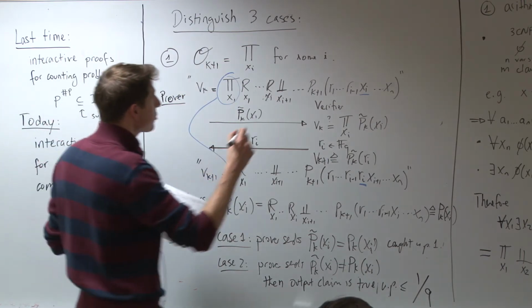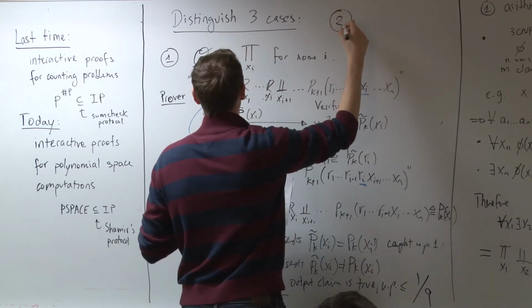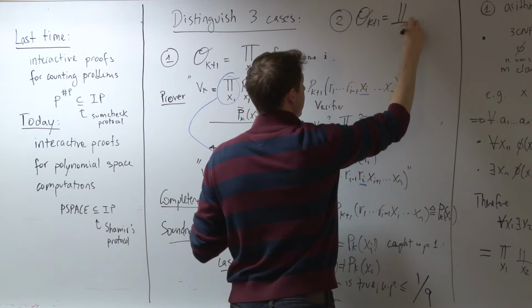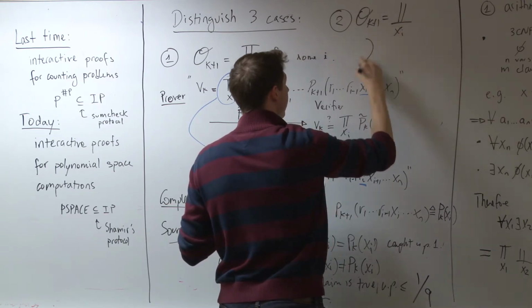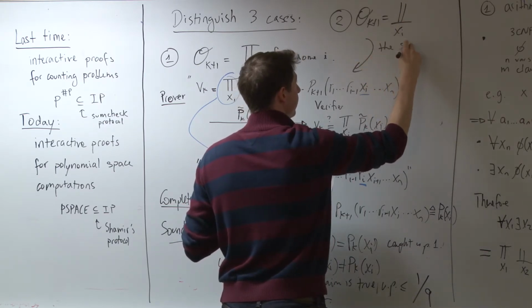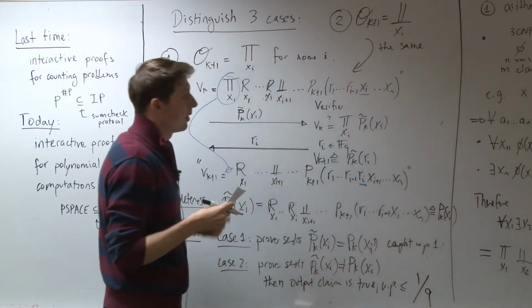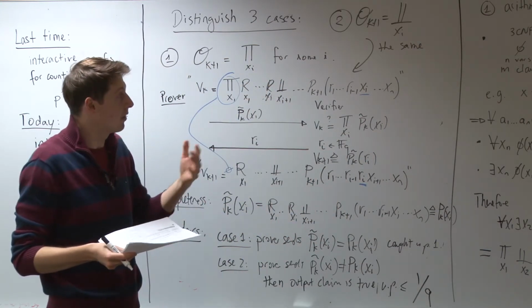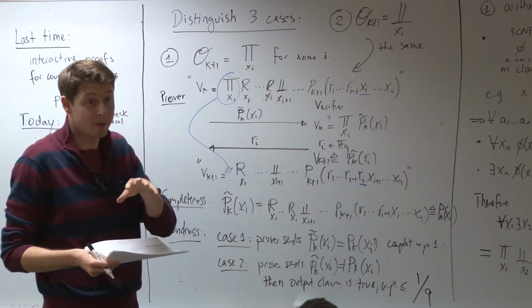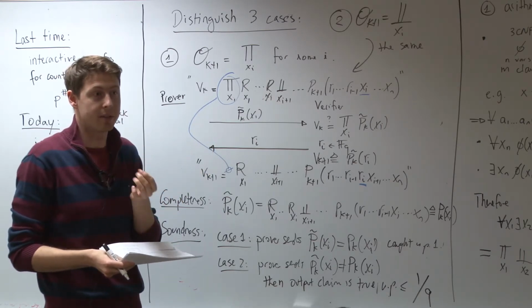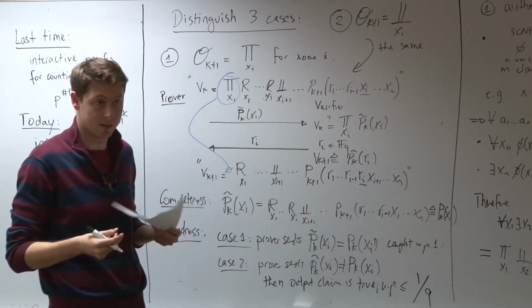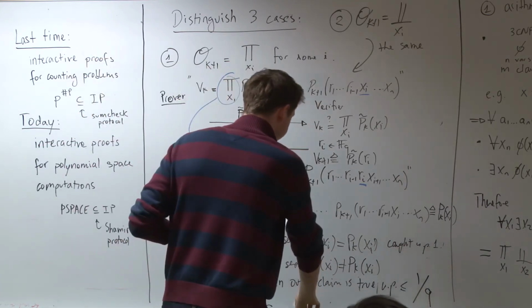So case 2 here is phi k plus 1 equals this anti-product, and it's the same. That's easy. Now let's look at the one of the 3 cases that is a little bit different, though actually it will not be very different: how does the degree reduction operator work? Why does it actually work?